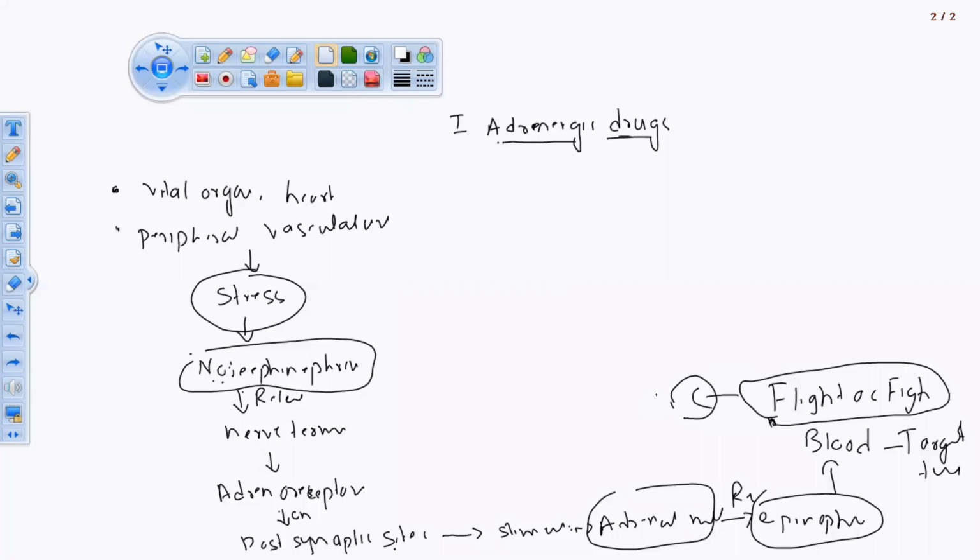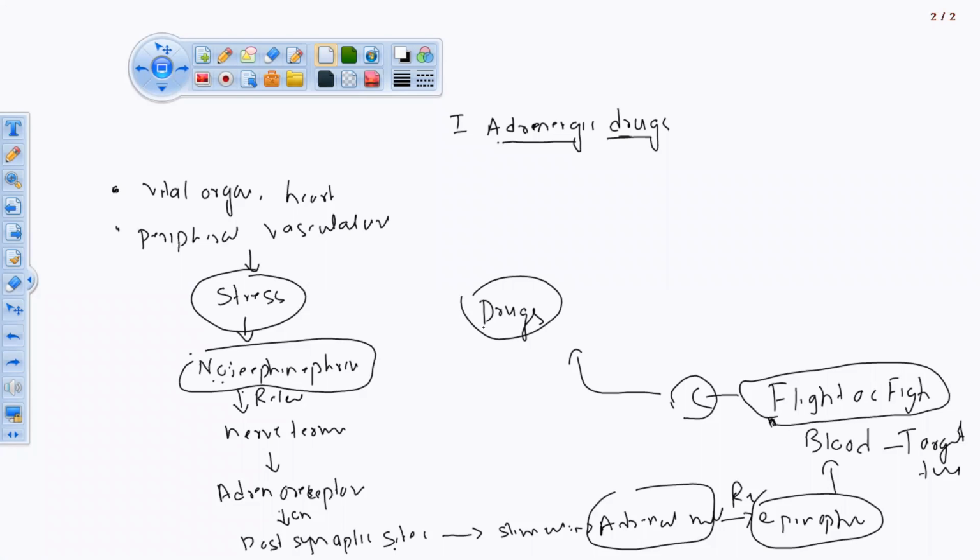So now the drugs are coming to the part, drugs. Drugs which mimic the action of the sympathetic system are called sympathetic drugs. This action can be mimicked by molecules, so those are called sympathetic drugs. What are sympathetic drugs and adrenergic drugs?